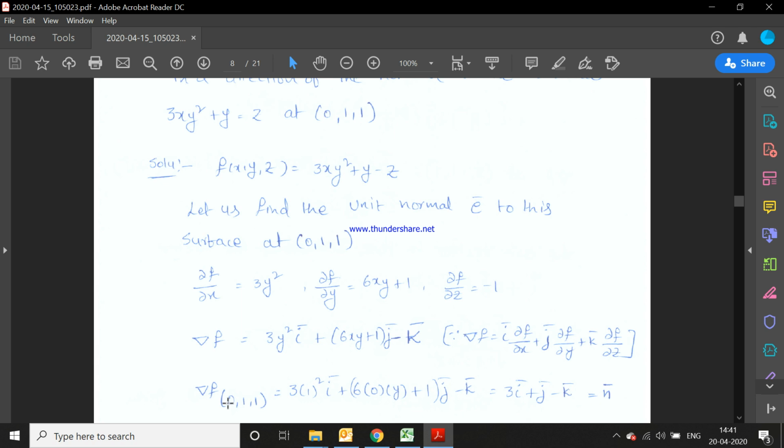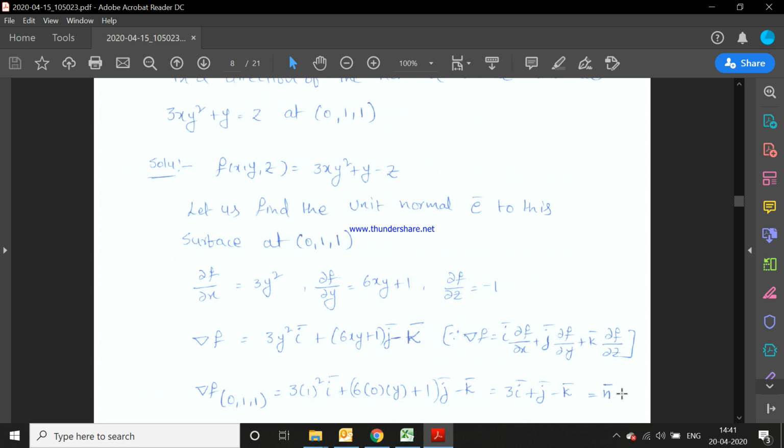After that, del f at (0, 1, 1), here x value 0, y value 1 and z value also 1, is 3 into 1 square i bar plus (6 into 0 into 1 plus 1) j bar minus k bar. Now this becomes 3i bar plus 1 j bar minus k bar. This is n bar, the normal to the surface.